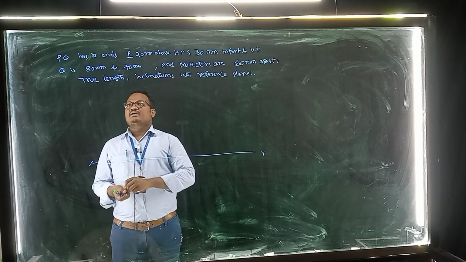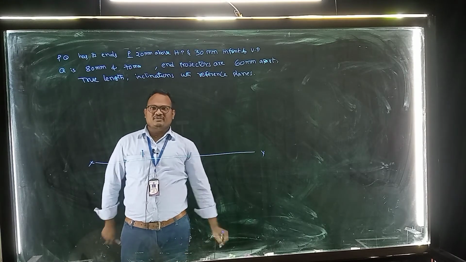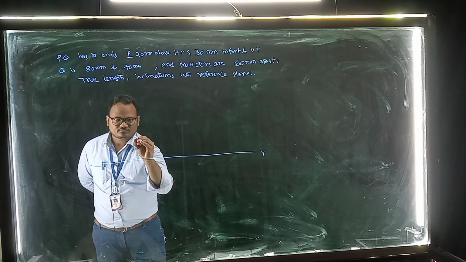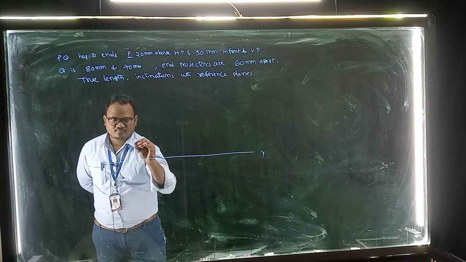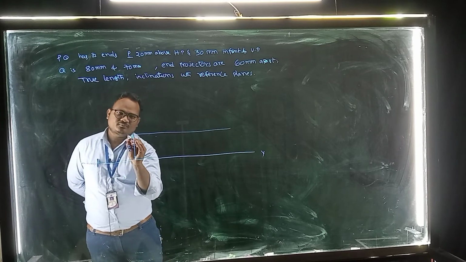So for end P, 20 mm above and 30 mm in front of. So 20 mm above, here draw one reference line.